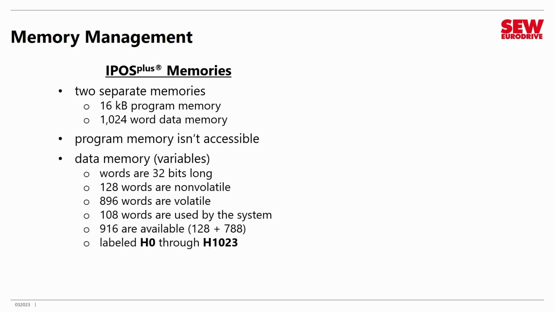We label them H0 through H1023. In fact, they're often just called the H variables because they all begin with the letter H. And that's one way that you can access them, by the name H and the number after them. There are other ways. We'll get into those as we go along.